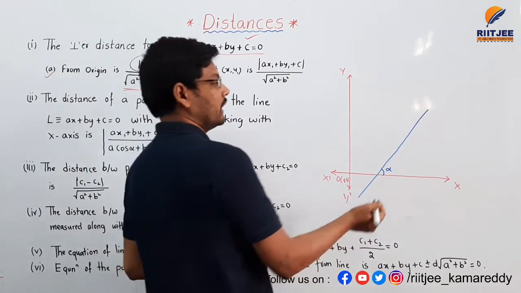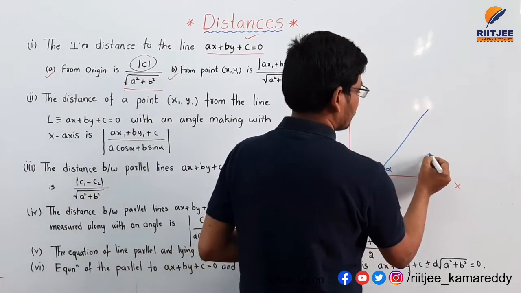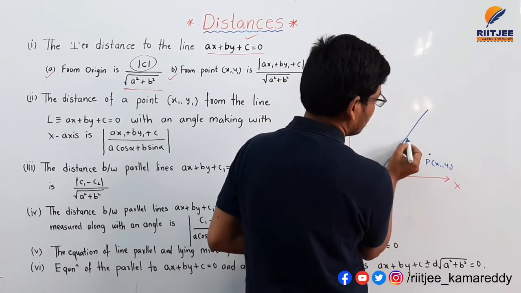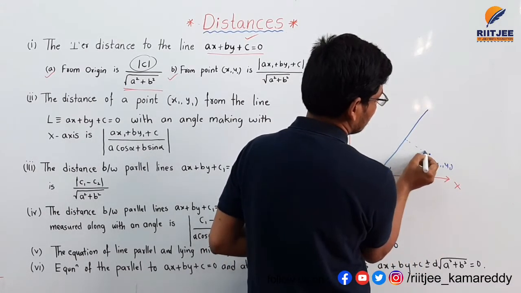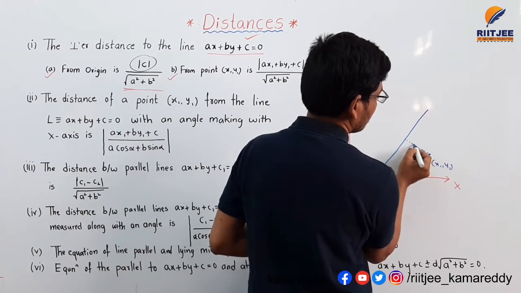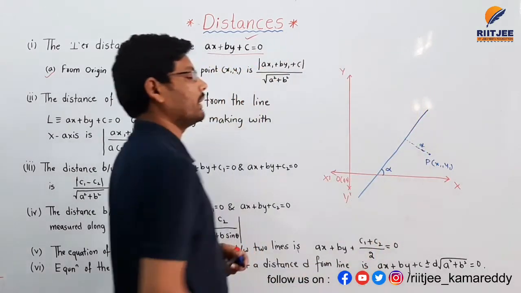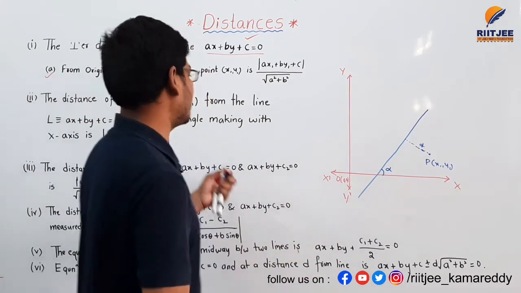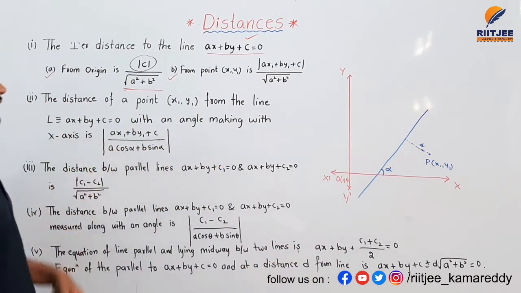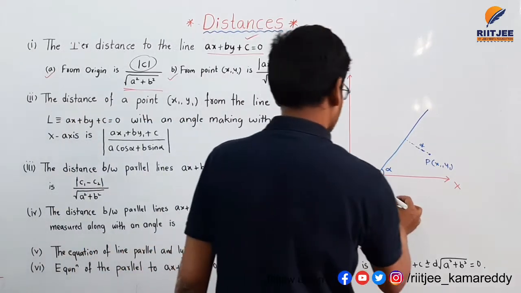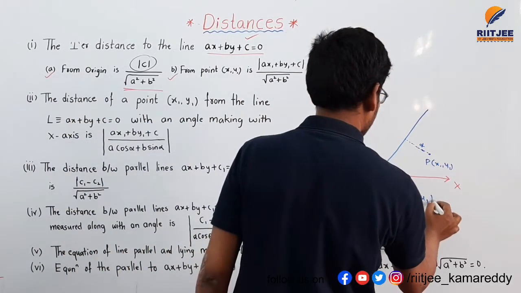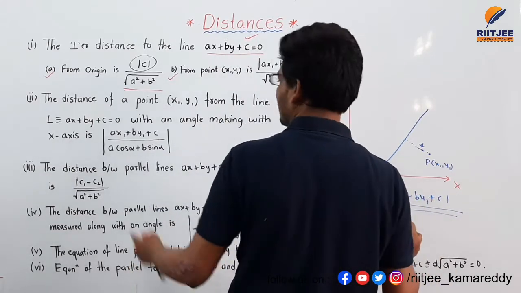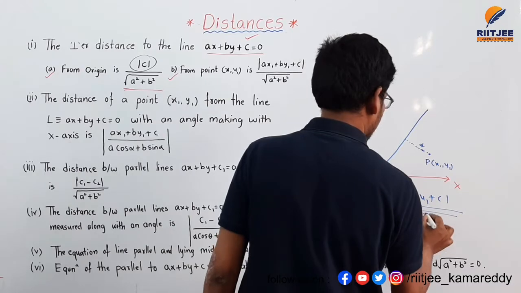The distance to a point P, x1 comma y1, which you can take anywhere, measured with an angle made with the x-axis, is given by the formula ax1 plus by1 plus c divided by modulus of a cos alpha plus b sin alpha.